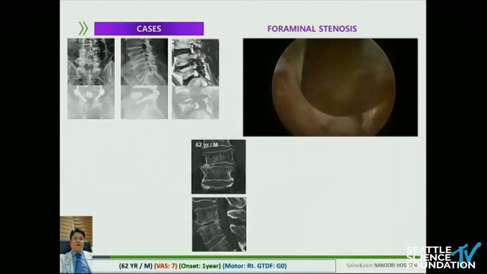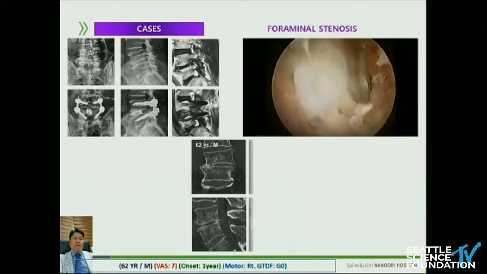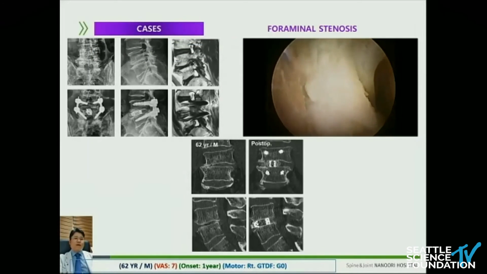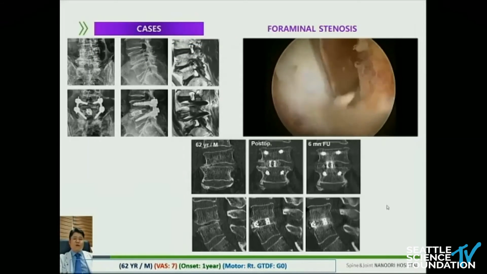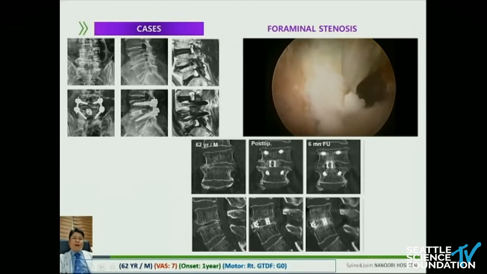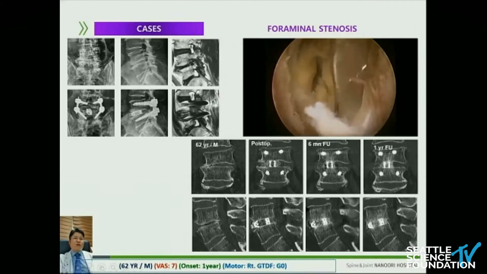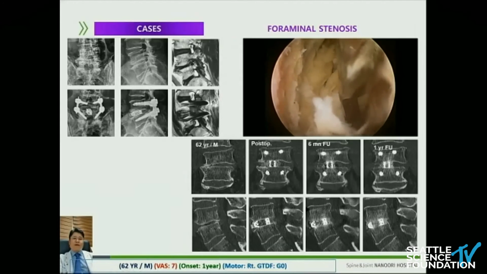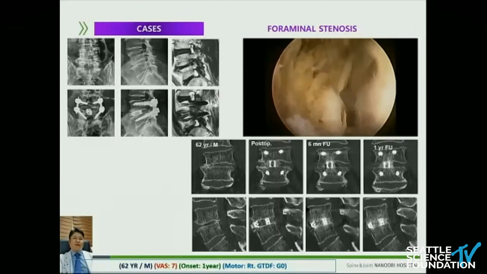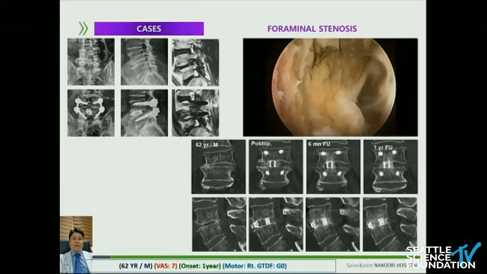This patient was a 62-year-old male who complained of severe right lower extremity pain. The pain was remarkably improved through uniportal full endoscopic TLIF, and the fusion was very successful at 1-year follow-up.